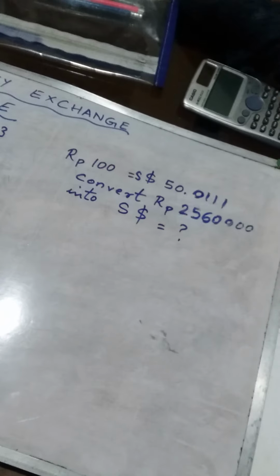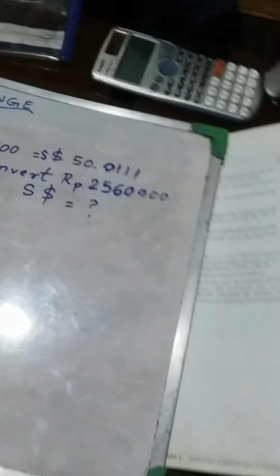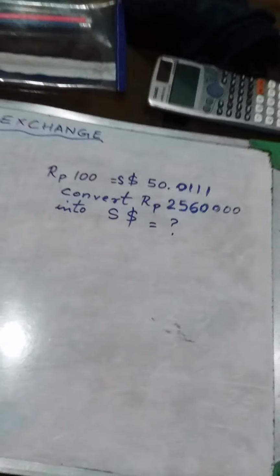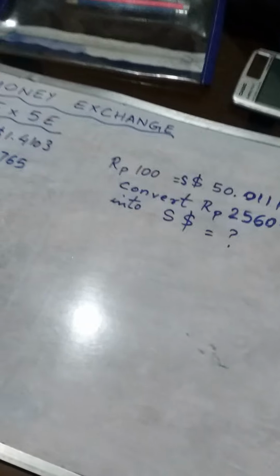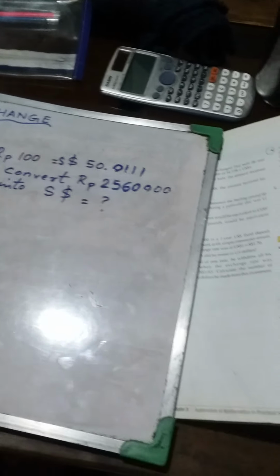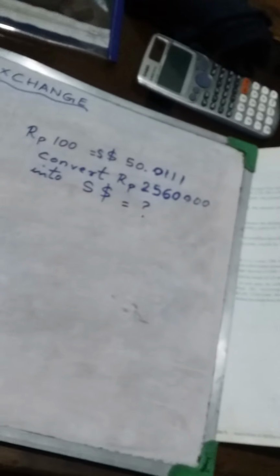I suggest that if you want to be good in this method, you should also see the direct proportion method, and that will help you in this question. This is 5E, numbers 3 and 4.